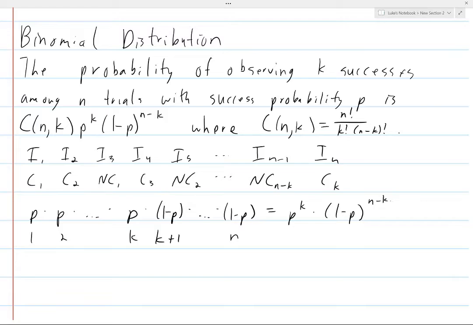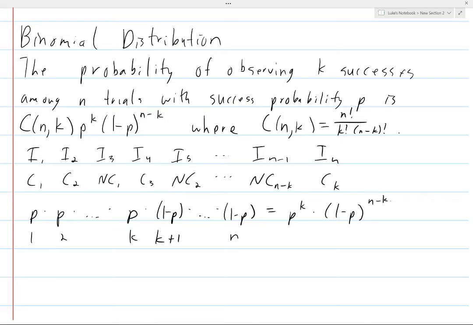Now to get the combination, this probability that we've written out here is just the probability of getting k successes and then n minus k failures. However, all we care about is the probability of observing k successes at all among n trials. So we don't care which order the k's occur in. We don't care if they all occur at the beginning or if they all occur at the end or anything else.